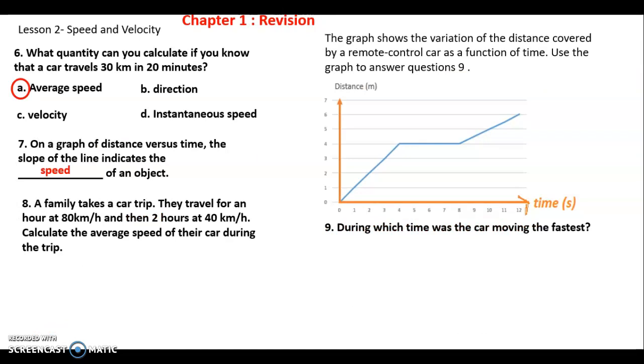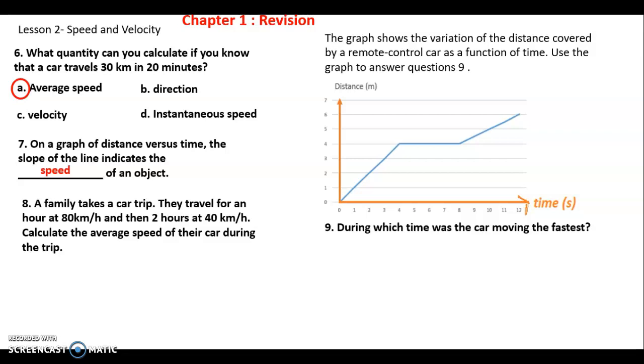They travel for an hour at 80 kilometers per hour and then 2 hours at 40 kilometers per hour. So during the first hour, they were moving at high speed, which is 80 kilometers per hour. Then during the next 2 hours, they moved at lower speed, which is 40 kilometers per hour. Calculate the average speed of their car during the trip.